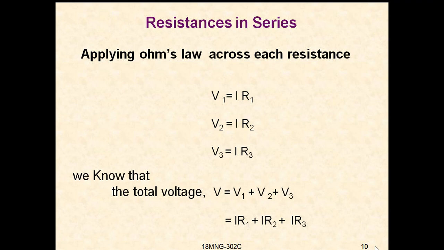If we substitute the values of V1, V2 and V3, we get I into R1 plus I into R2 plus I into R3.